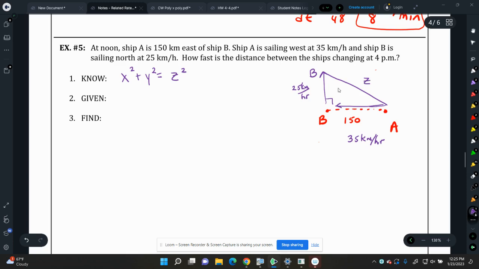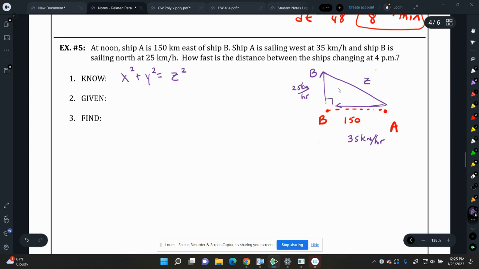So at t equals 4, let's figure out the x, because then you just plug in. Ship A is traveling 35 kilometers per hour this direction.